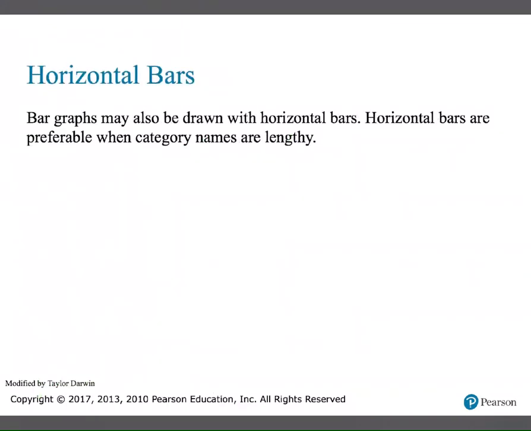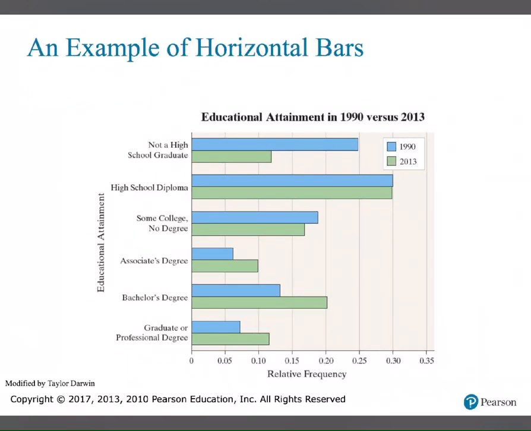All right, so this next one is just so you know it exists, a horizontal bar graph. The bars may also be drawn with horizontal bars, and they're preferable when category names are lengthy. So this is an example of a horizontal bar graph. So it's literally like we flipped it.